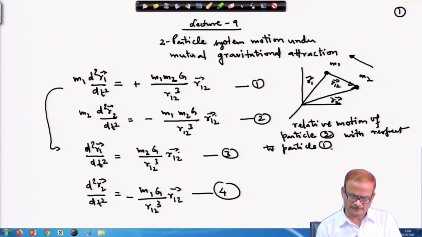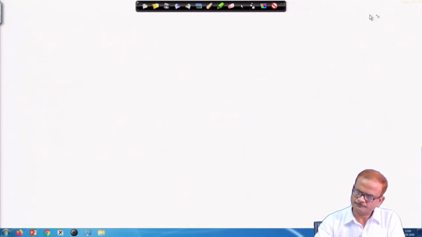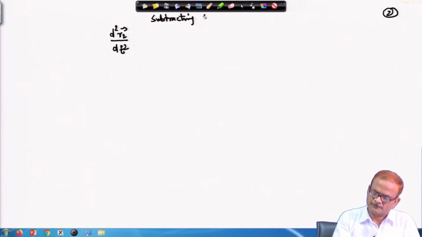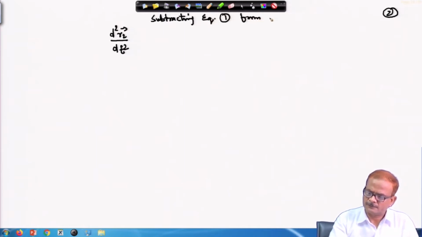If we do that, we need to write it like this, subtracting equation 1 from equation 2.